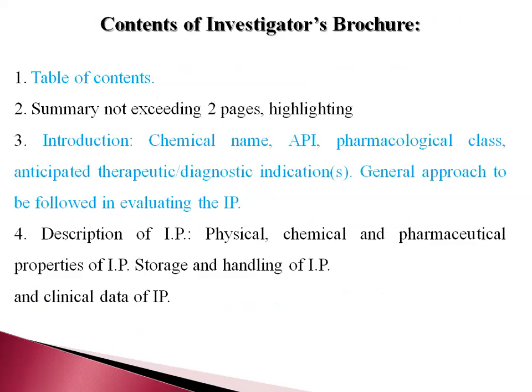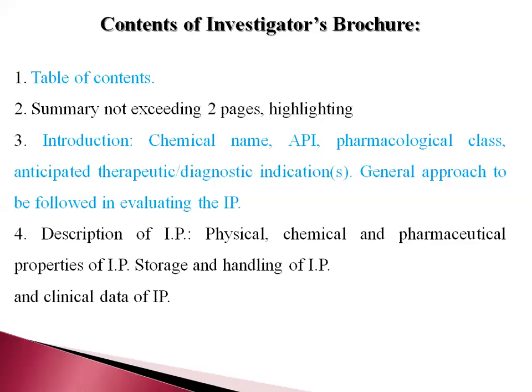Contents of investigator brochure. That means which type of content is there in IB. At first, there will be table of contents, then summary, not more than 2 pages. They will highlight whatever they have included in that particular IB.